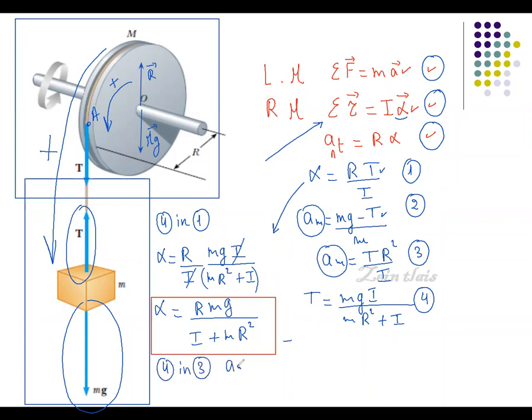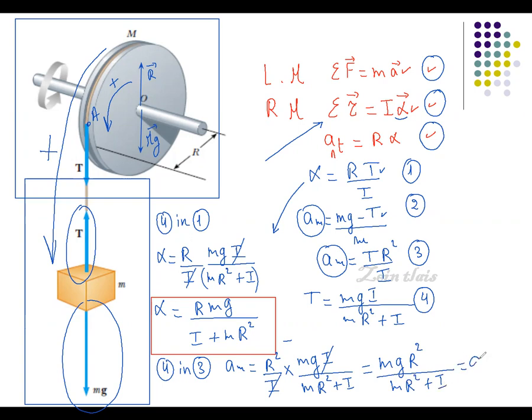We get am equals r square divided by I times T, which is equal to mg I divided by mr square plus I. We can eliminate I and I. We get finally mg r square divided by I plus mr square.